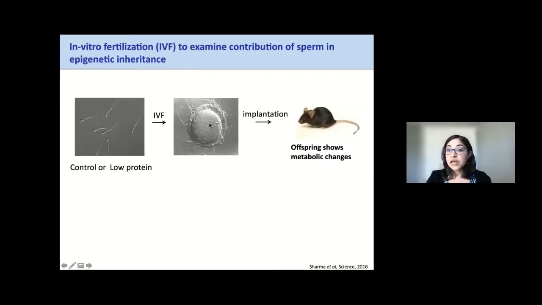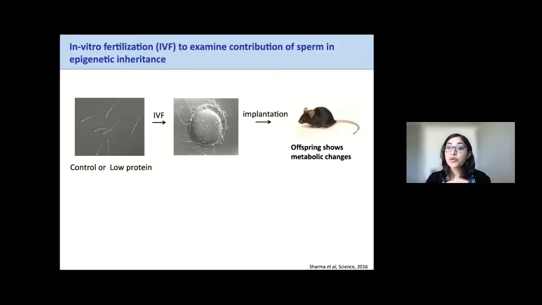We get the fertilized embryo, and we implant it into another mouse. It's known as a pseudo-pregnant female, the recipient female. And then we get the pups from there and look at what happens to them, their metabolic phenotype.